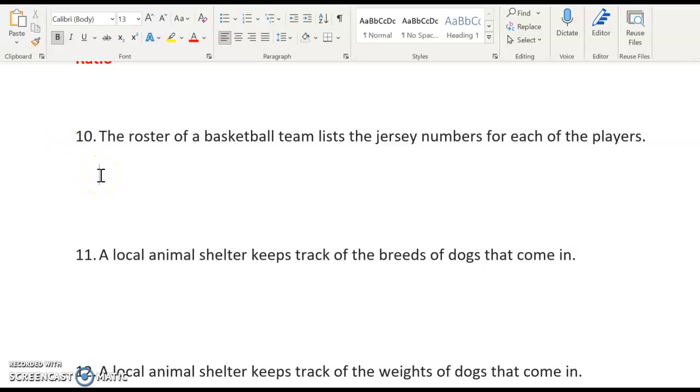The numbers identify basically who the player is, and since it's just a name, it's going to be nominal. And then a local animal shelter keeps track of the breeds of dogs that come in. This is just names, so this is also nominal.